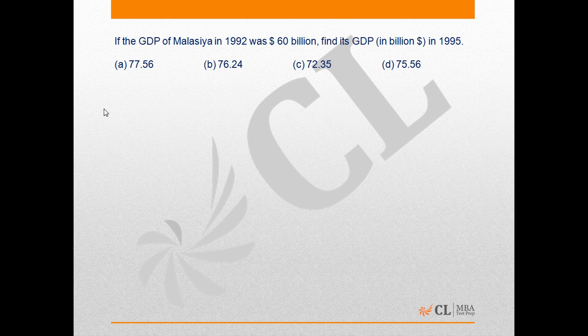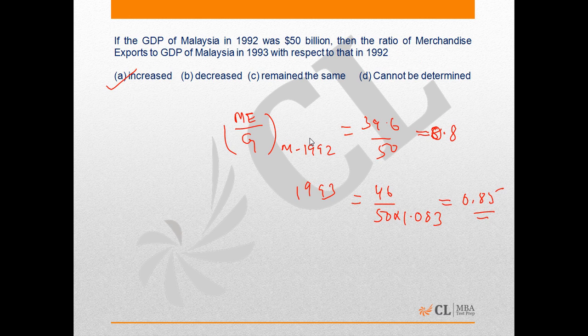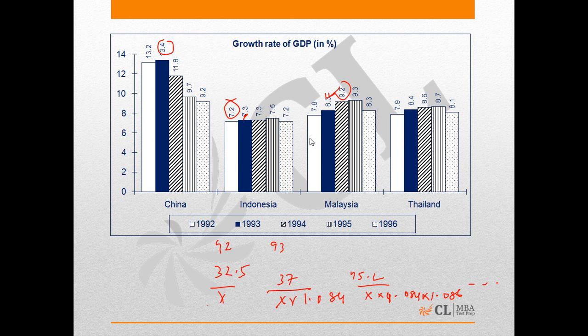In the last question, it is given that the GDP of Malaysia in 1992 was $60 billion, and we have to find its GDP in 1995. So basically we have to see the growth rate of Malaysia in 1993, 4 and 5, and these rates are 8.3, 9.2 and 9.3.